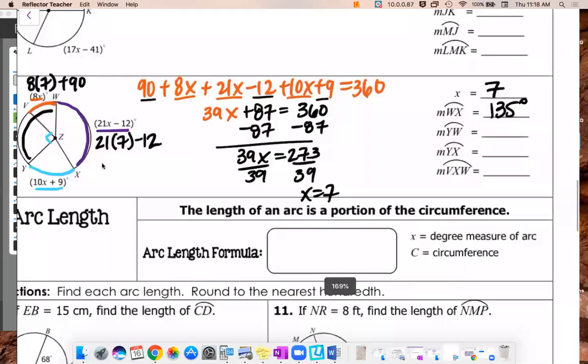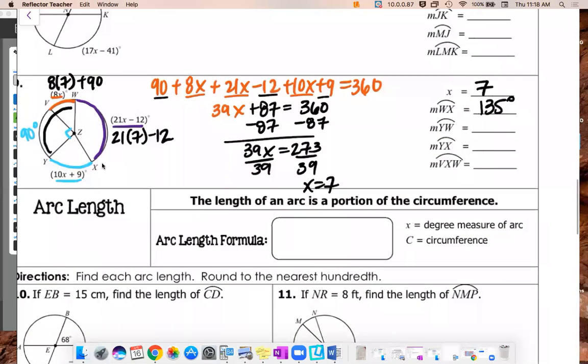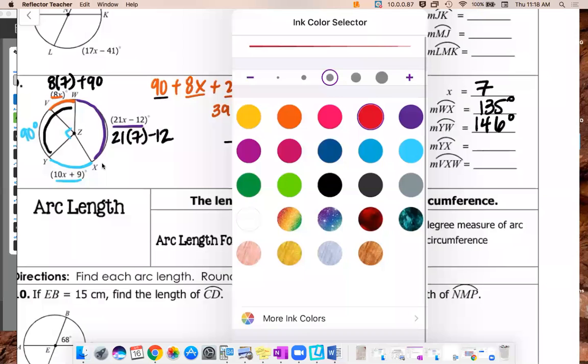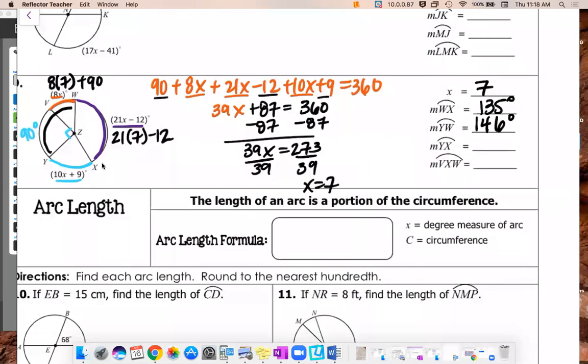So you would get YW is going to be, what? 146 degrees. And then you want the measure of arc YX. So here, same thing, just plug in 7. So this would be 79 degrees.